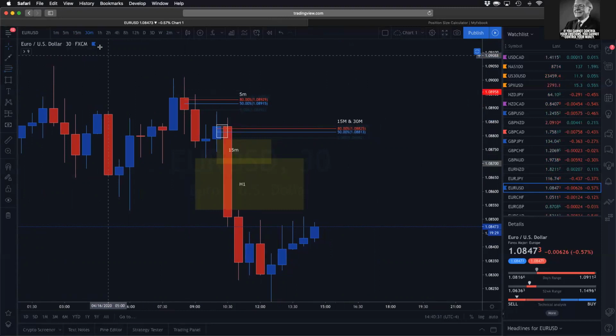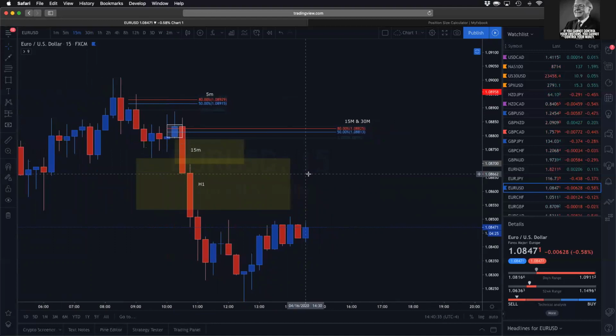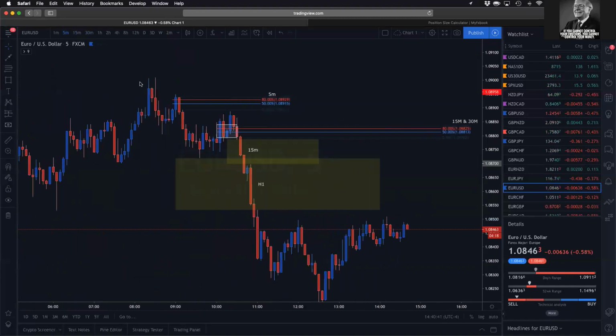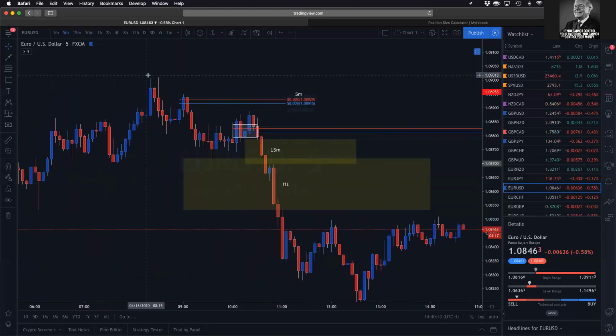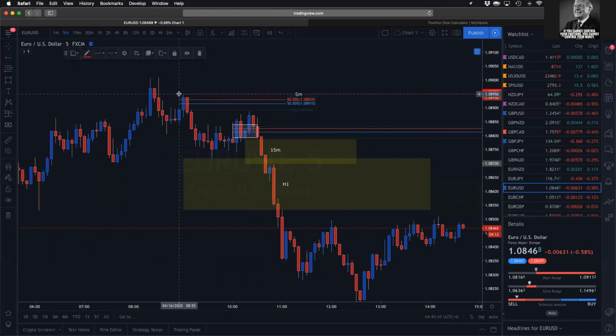Now the key thing here is going to be, where's our risk? So let's go back to that 5 minute. So this is the highest place. This has been mitigated out of our risk. Our risk is going to be, let's go to a 1 minute.